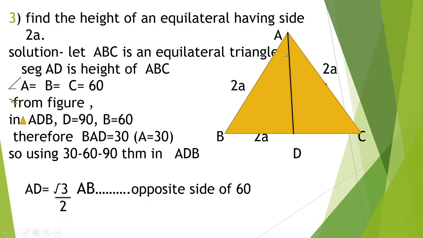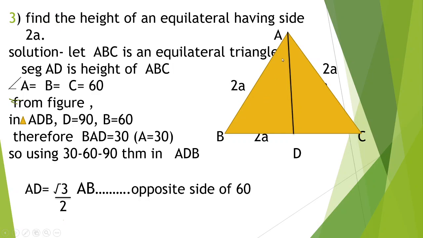So angle A becomes 30, 90 minus 60, angle A in ADB. See carefully, in triangle ADB, angle A becomes 30 because B is 60. 90 minus 60 is 30. So you can use here the 30, 60, 90 property.